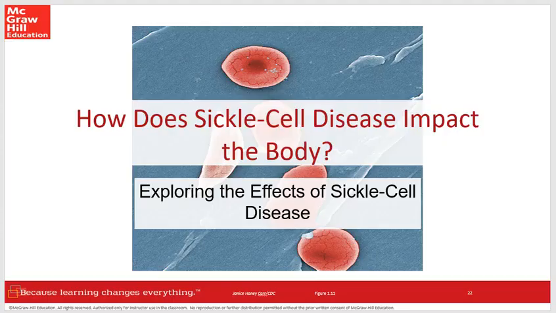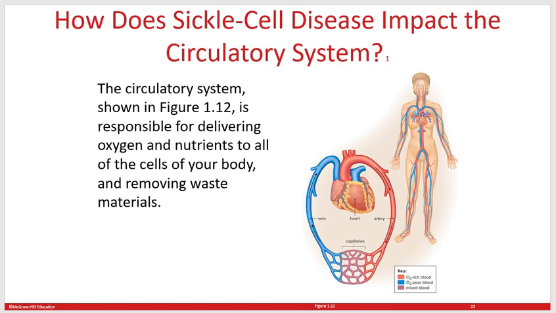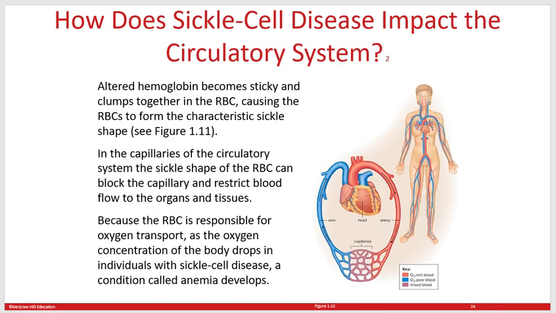Well, how does sickle cell disease impact the body? The circulatory system shown here is responsible for delivering oxygen and nutrients to all your body. The heart pumps blood through your vessels. I think most of you probably understand that concept. Altered hemoglobin becomes sticky because it's different and it clumps together, causing that sickle shape.